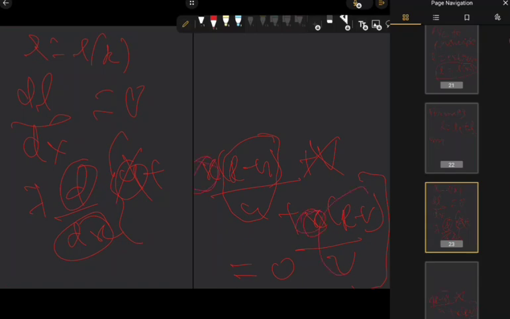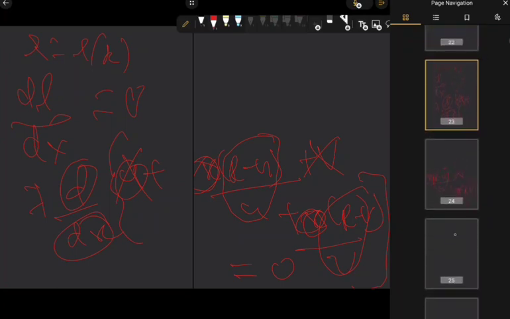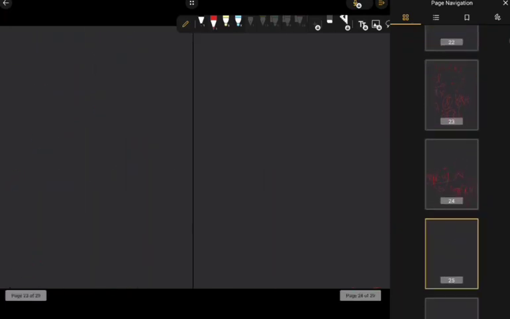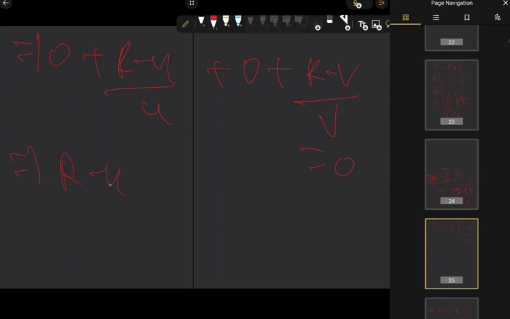So finally you get a situation like this: 0 plus r minus u divided by u plus 0 plus r minus v divided by v is equal to 0. That implies r minus u divided by u plus r minus v divided by v is equal to 0.